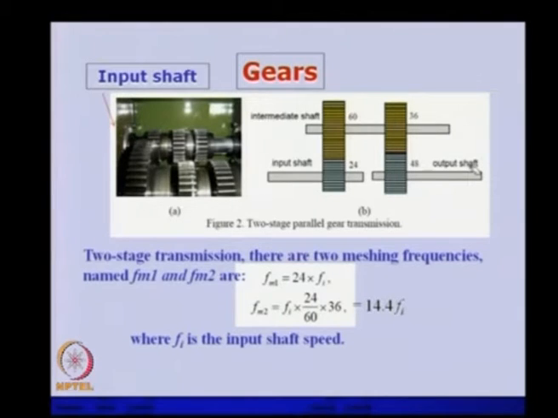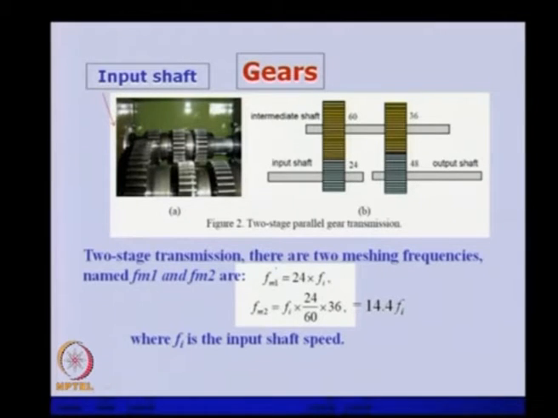This is the output shaft. Now, in a two stage transmission, there are two meshing frequencies, one between these two gears and another between these two gears, and these are named FM1 and FM2, and you can calculate them.